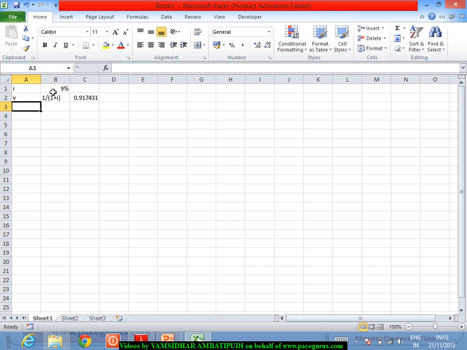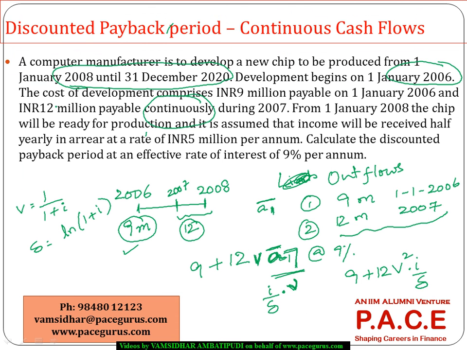And the delta, which is nothing but log of 1 plus i, will give me 0.086. So i by delta, I'll find out, which will come out as this divided by this. This is my i by delta.